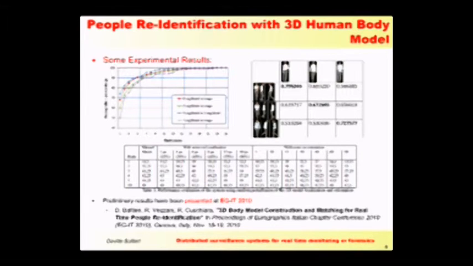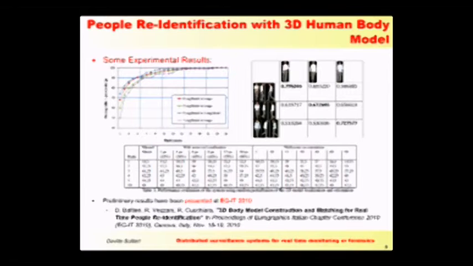On the right, there is an example of the algorithm performed on our dataset, and it shows the very good discriminative power of our algorithm, even in the case of very hard situations, like 3 different people with very similar appearance.